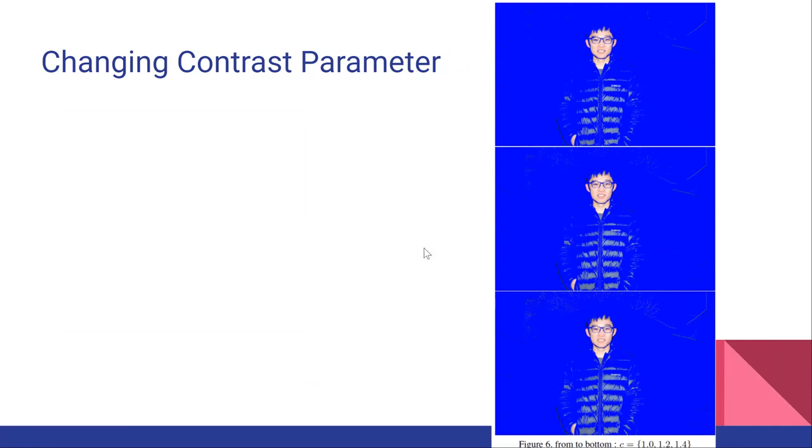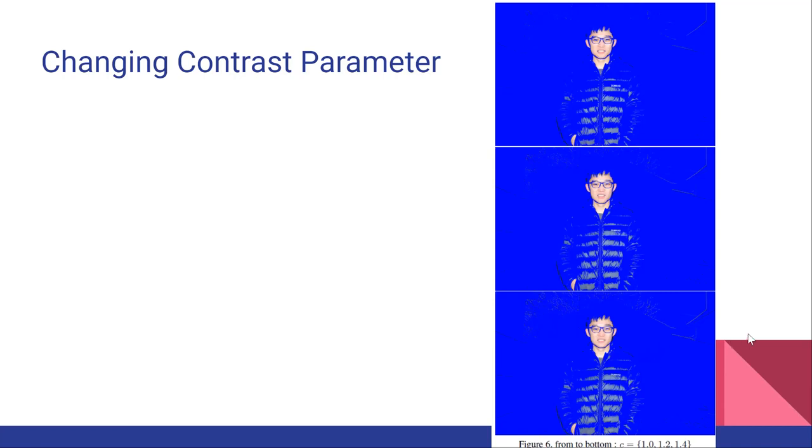This is the contrast parameter: you multiply this parameter on the image and clip it from 0 to 1, which increases the difference between various parts of the image.